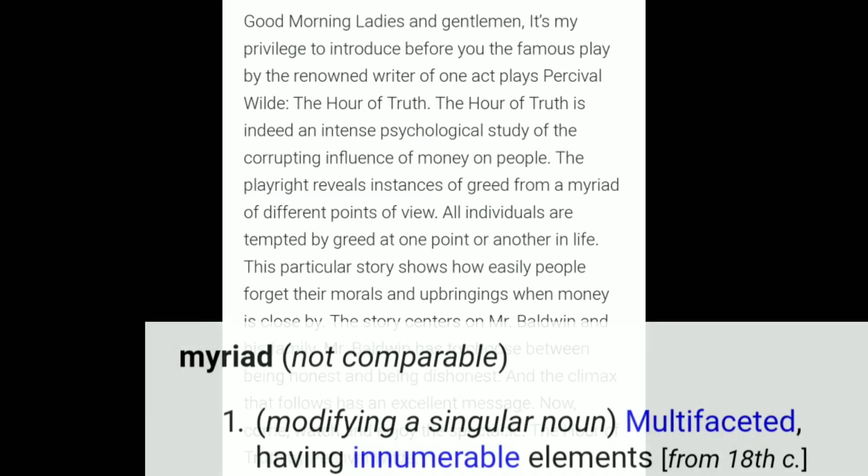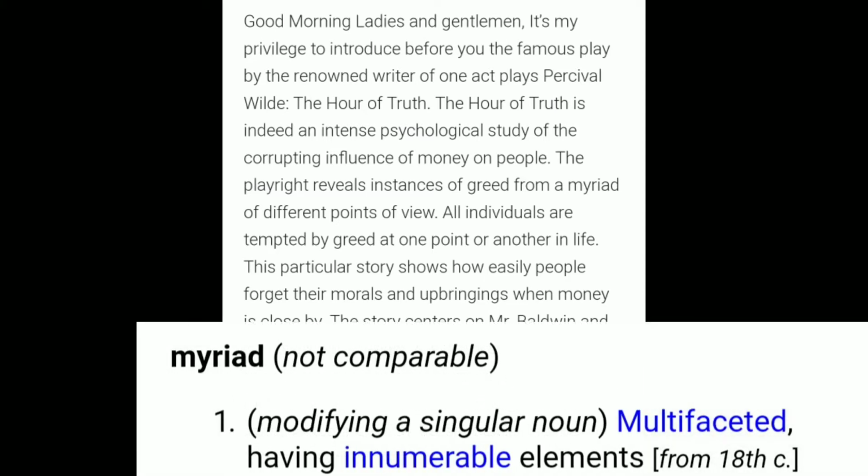Good morning, ladies and gentlemen. It's my privilege to introduce before you the famous play by the renowned writer of one-act plays Percival Wilde, The Hour of Truth. The Hour of Truth is indeed an intense psychological study of the corrupting influence of money on people. The playwright reveals instances of greed from a myriad of different points of view. All individuals are tempted by greed at one point or another in life.